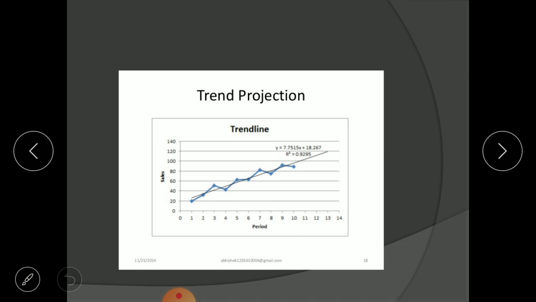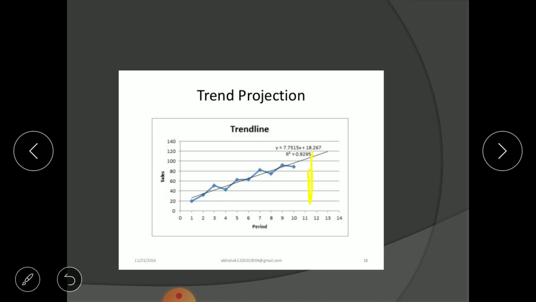So it shows the average trend of the past, and on the basis of this average trend you predict the future. We have data up to the 10th period, and suppose you want to predict the 11th period, then your sales can be 100 points. On the basis of this extended black line, we can predict that in the future the sales will be 100 points. So this is what the trend projection method is.